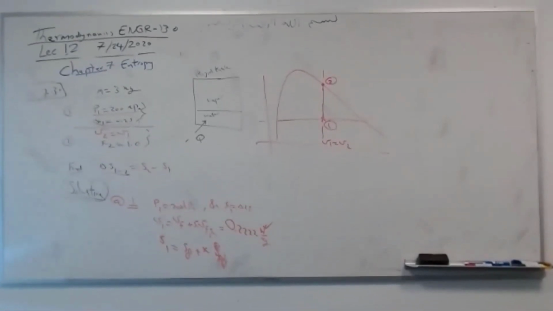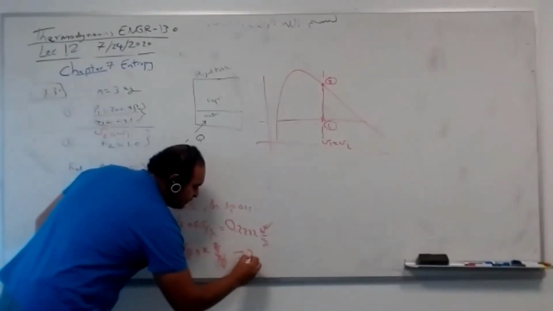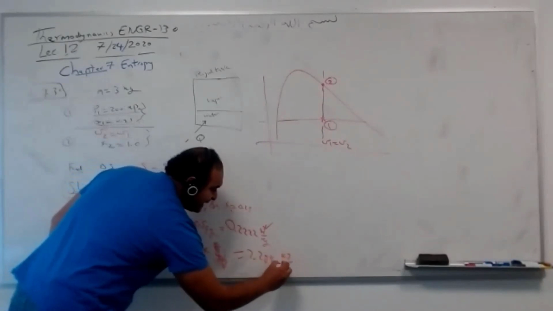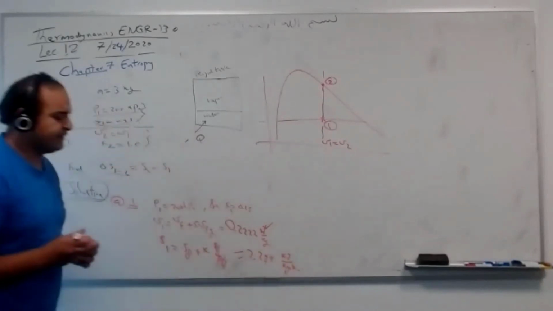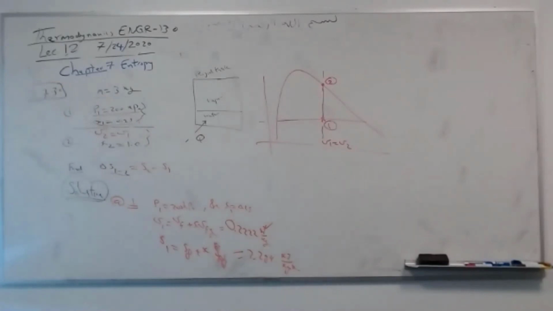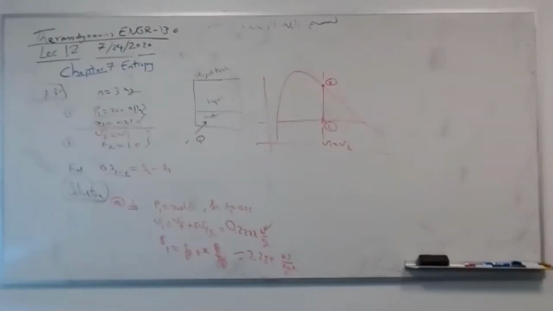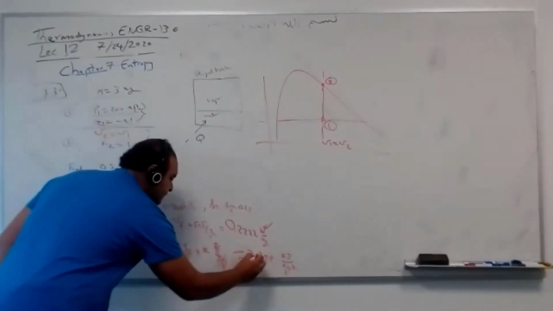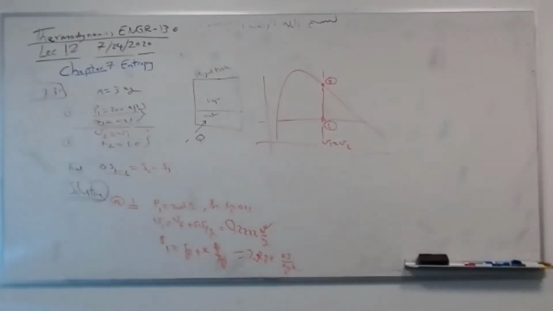It's a property. S1 was 2.294 kilojoule per kilogram Kelvin. It's specific. Okay, guys?